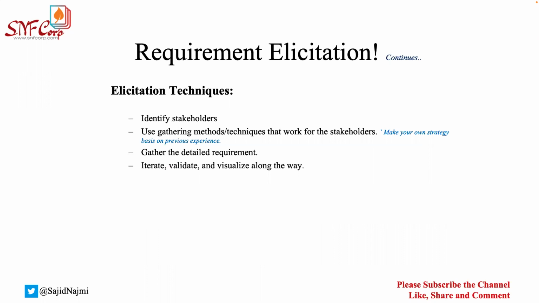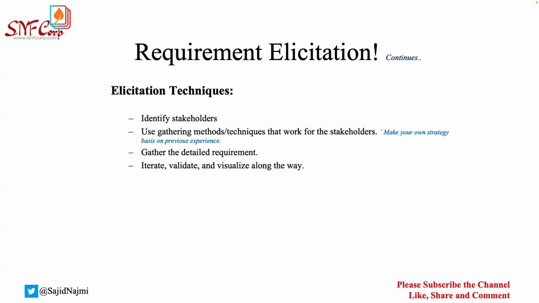Now, at a high level, what are the different techniques of elicitation? Number one, which is very important, is that you have to identify all possible stakeholders, because they are the ones who will actually provide you the requirements. They are the ones who will fund your project, use your software, and help you take this forward.